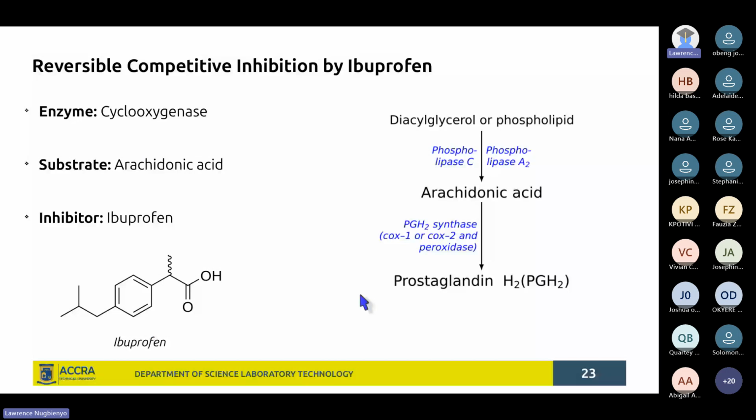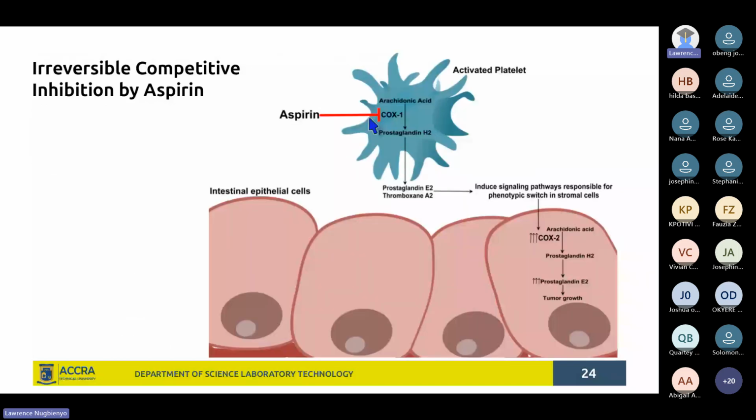Another painkiller, aspirin. Aspirin also inhibits cyclooxygenase 1, that same reaction, the conversion of arachidonic acid to prostaglandin. The reaction will be occurring in activated platelets. When there's an inflammation, you have some platelets that will be activated.